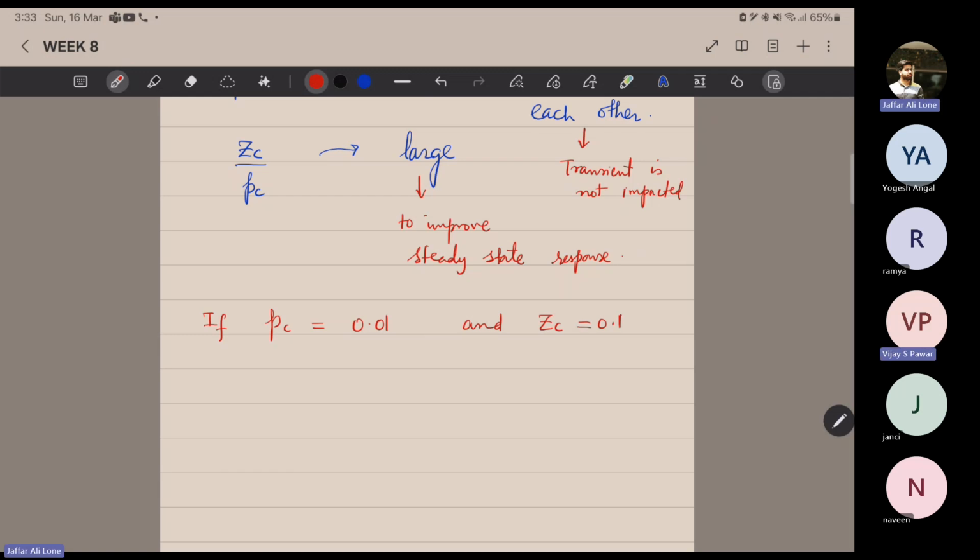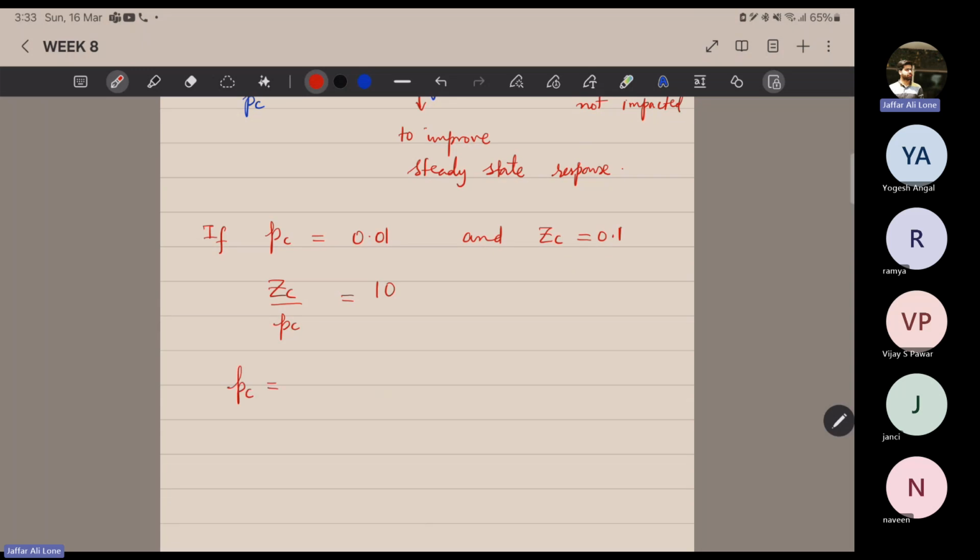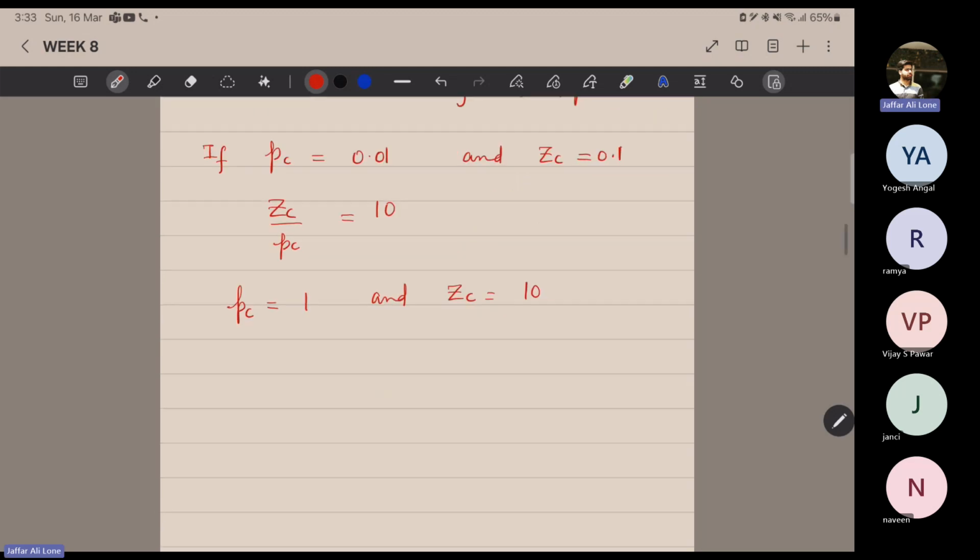Yes, they are close to each other, and the ratio Zc over Pc is 10. They are close to each other as well as the ratio is large. Similarly, if you take this combination, Pc is 1 and Zc is 10, the ratio is 10.